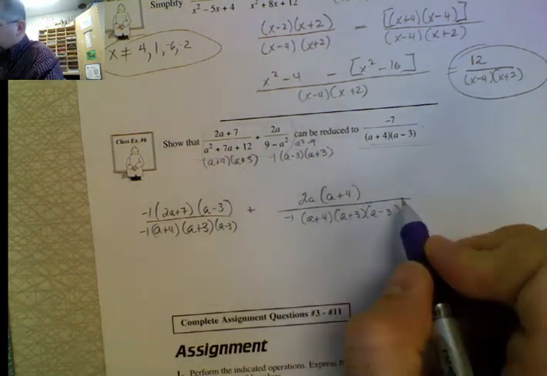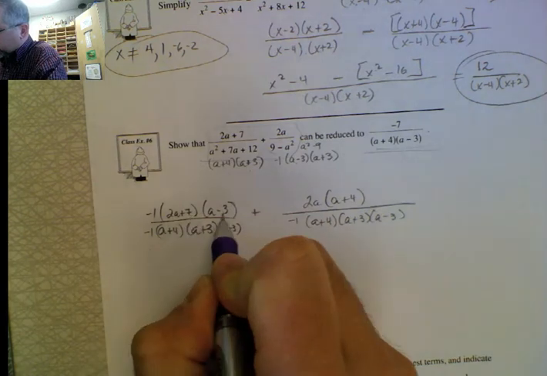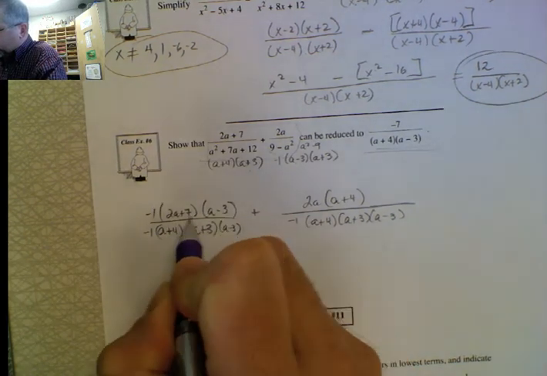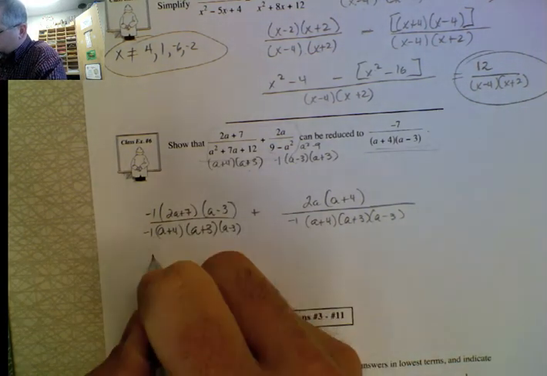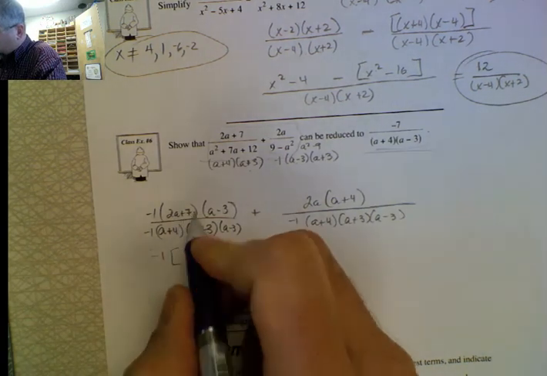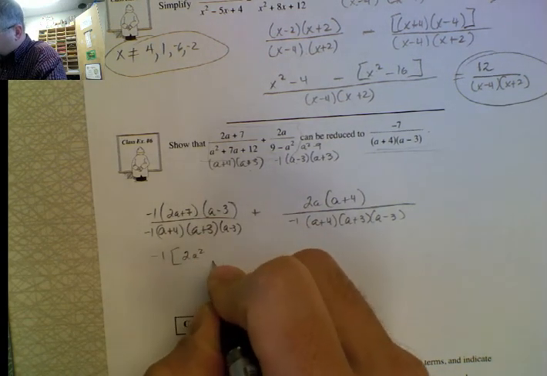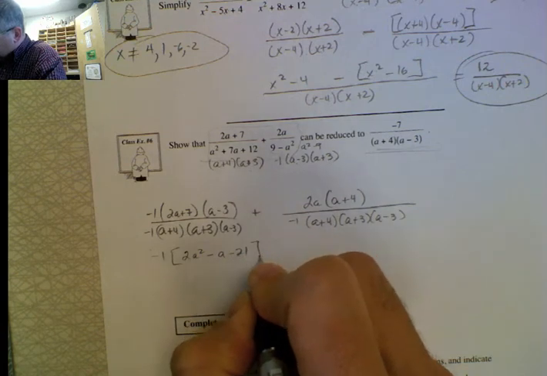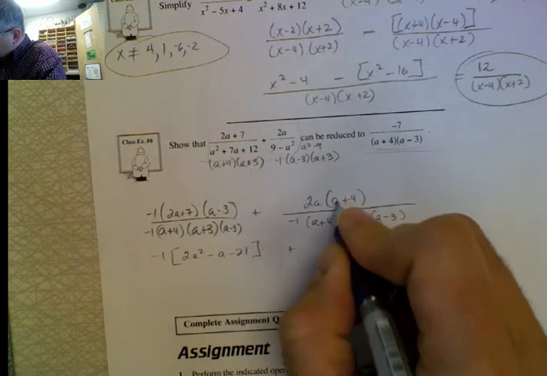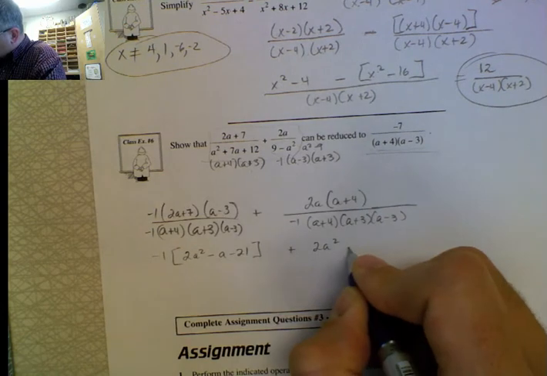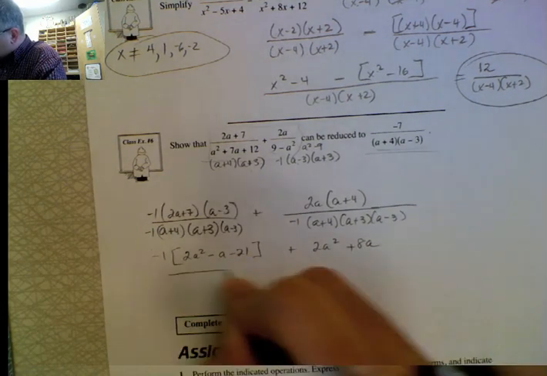So if I start expanding here, the first thing I'm going to do is expand these two binomials first. I'm not going to worry about the negative 1. So that gives us 2a squared minus a minus 21, and this gives us 2a squared plus 8a.